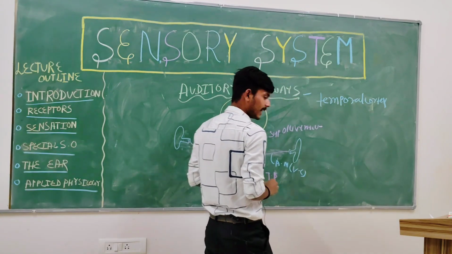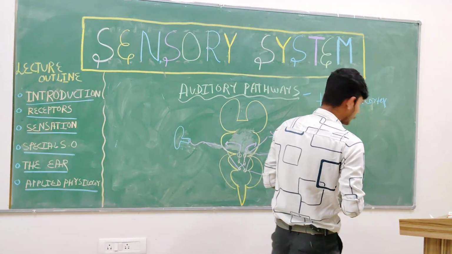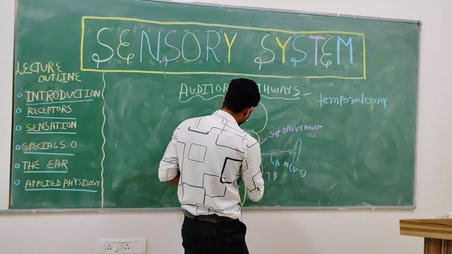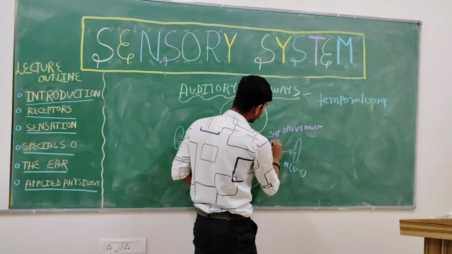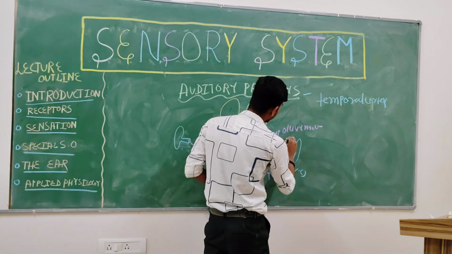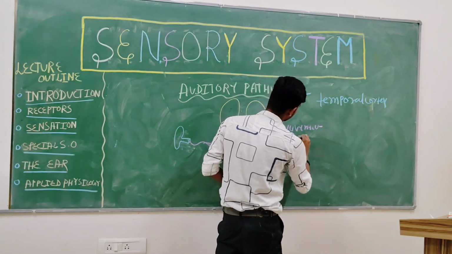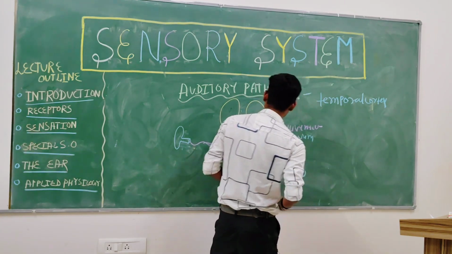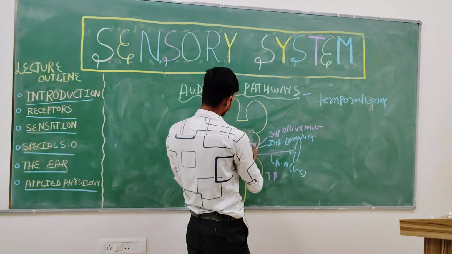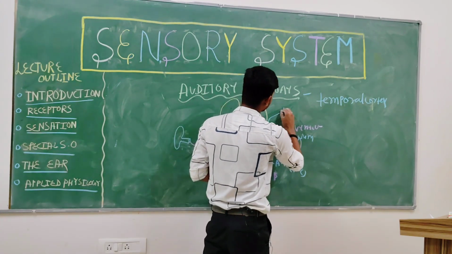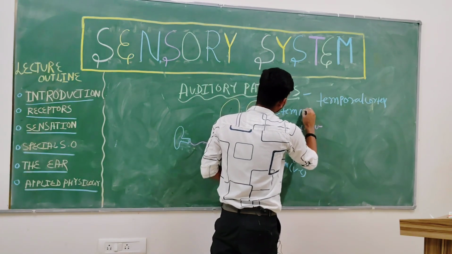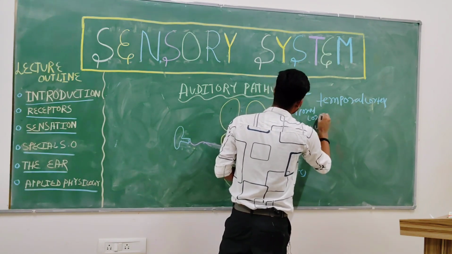Clear? And then you have this area called the inferior brachium. And then they go to the temporal cortex.